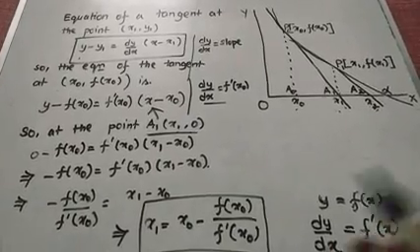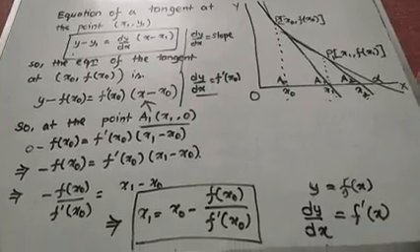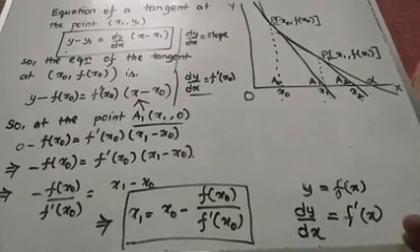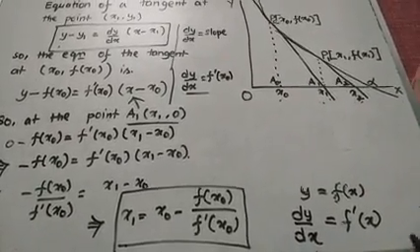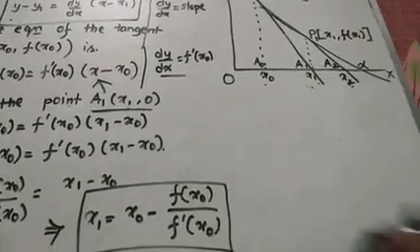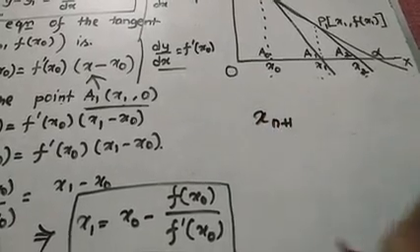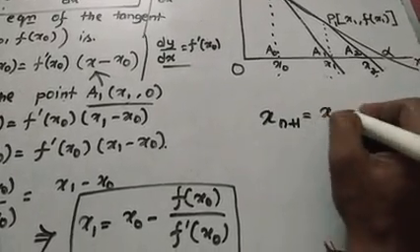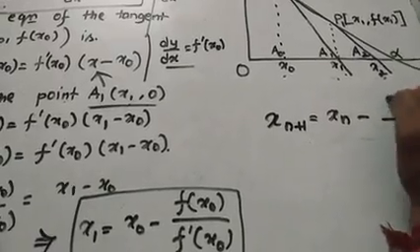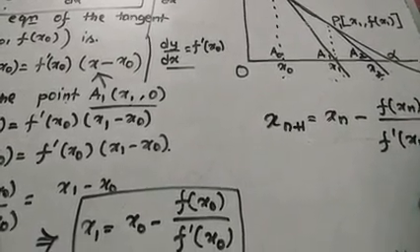Now when we proceed further for step 2, step 3 and so on, we will get a final formula. Note down carefully what the final formula for the Newton-Raphson method is. Xn plus 1 equals xn minus f of xn by f dash of xn.